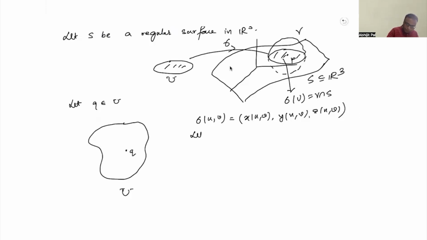Let us take this Q to be equal to (u naught, v naught).